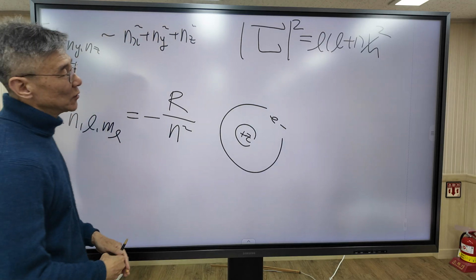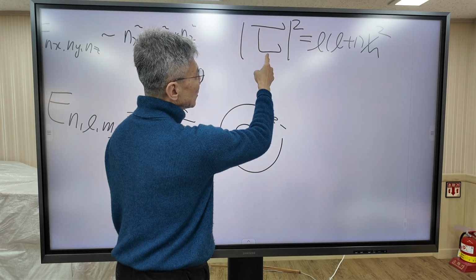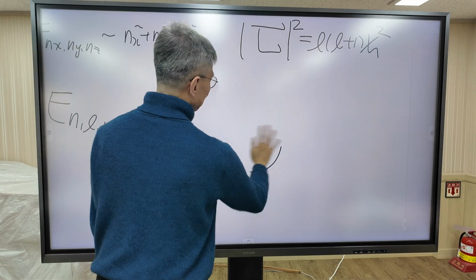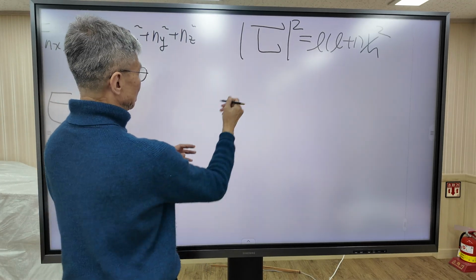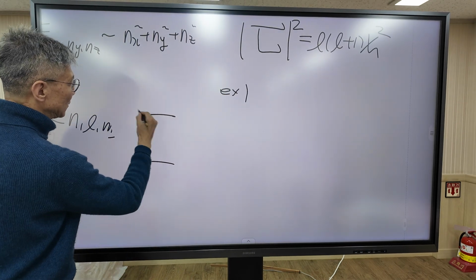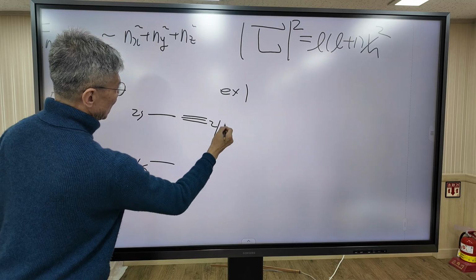So once you know the l quantum number, you can calculate the angular momentum squared. So for example, here 1s, 2s, and 2p.